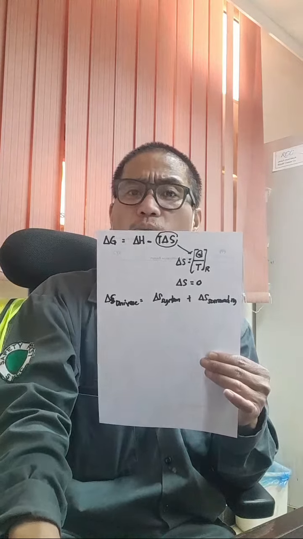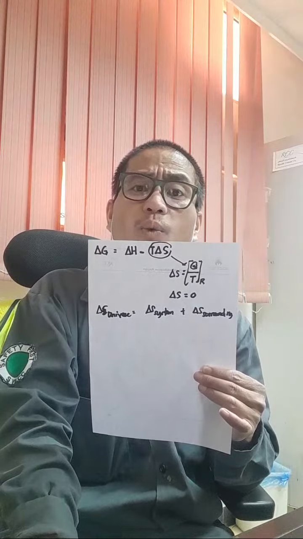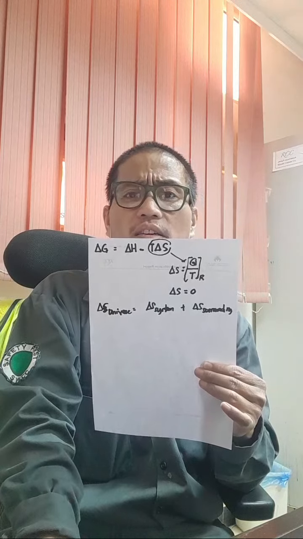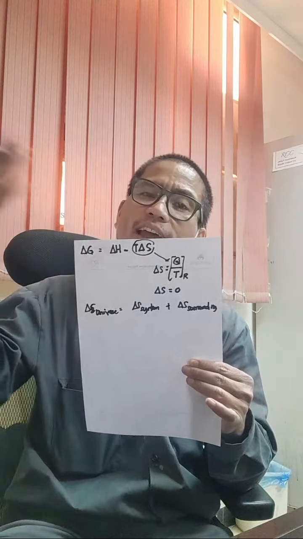For example, the Carnot cycle or the heat engine, which was discovered by Sadi Carnot. He postulated that for heat to be converted to work, it is impossible to have 100% efficiency.